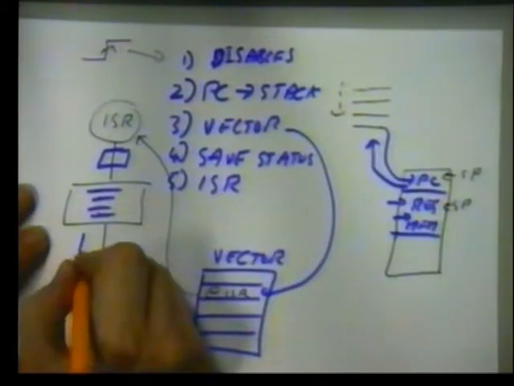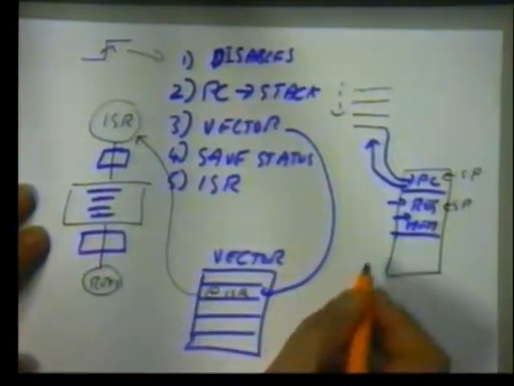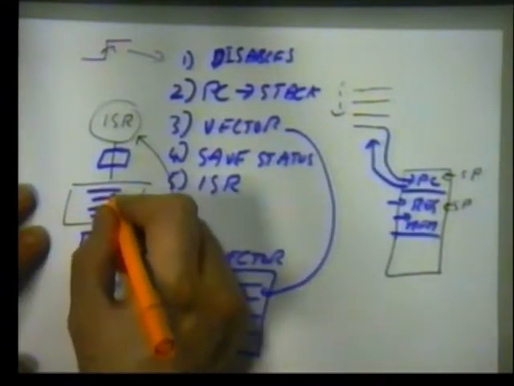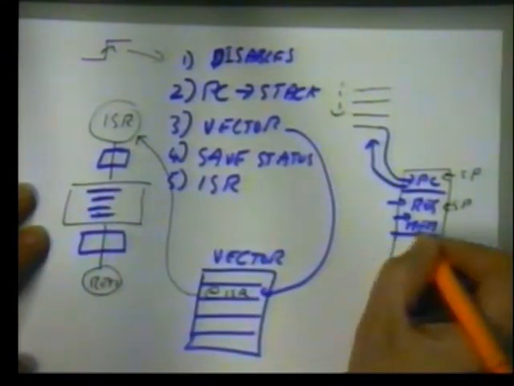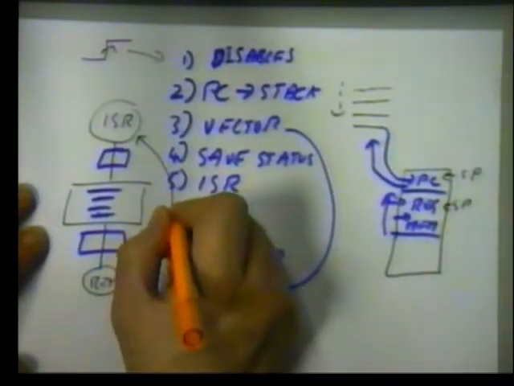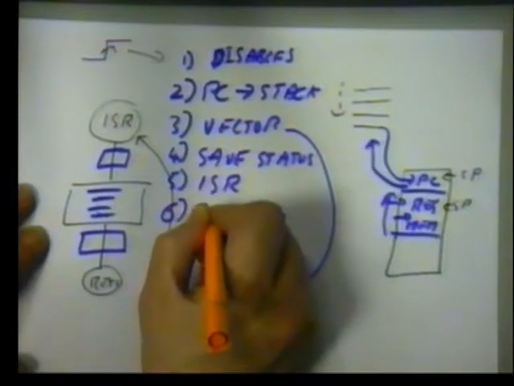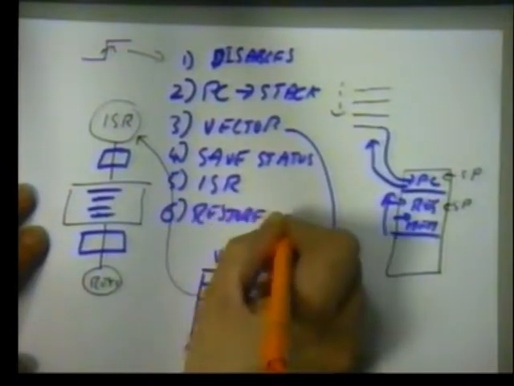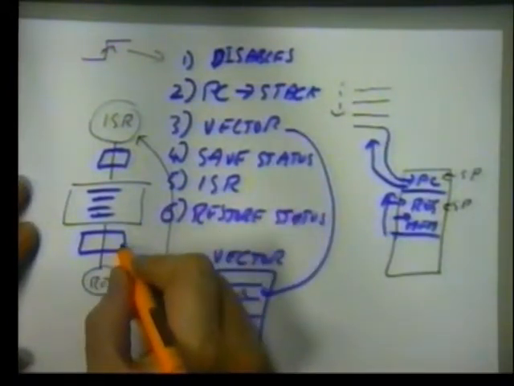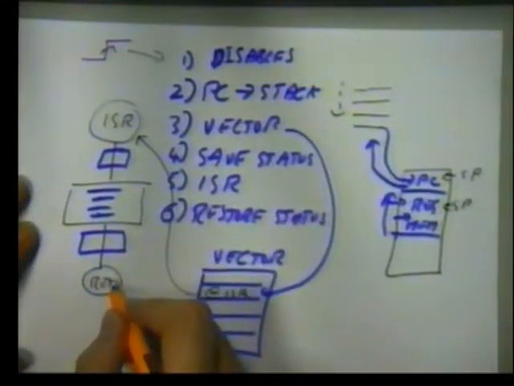When you've finished what you're doing, you should tidy up. You've taken copies of all the registers and the memory that you mangled in your process. So now you should be very good and you should restore them all. So you clean up, you tidy up, you restore the status. Once you've restored the status, you can now return from the interrupt. It's not a normal return, it's not the end of a subroutine.